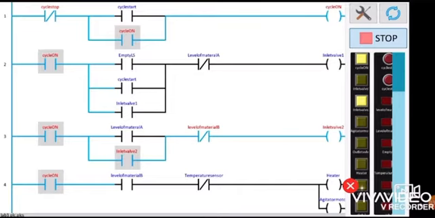If the level of material B reaches the sensor for the level of material B, as you can see, the current flow will be blocked, and the inlet valve 2 will be stopped. There is no more current running there. Even though the level of material A sensor is on, there is no current flow to the inlet valve.